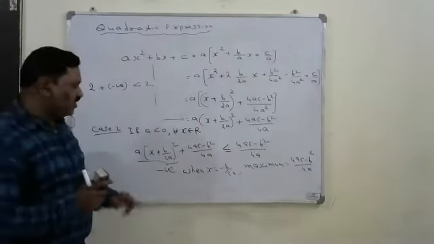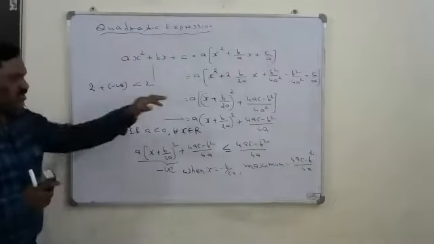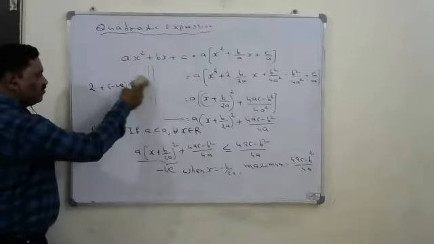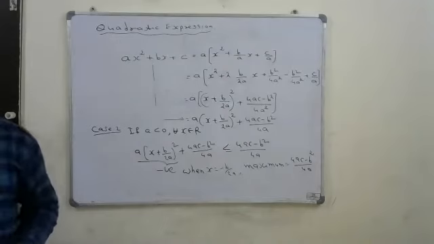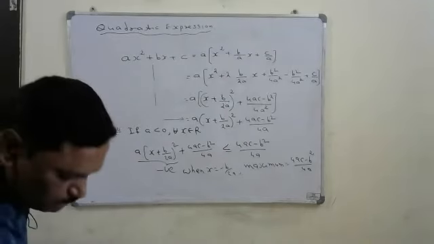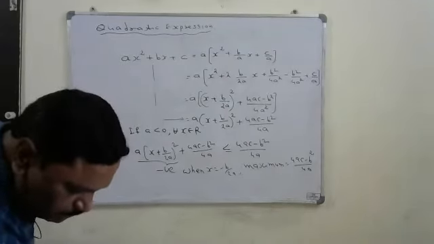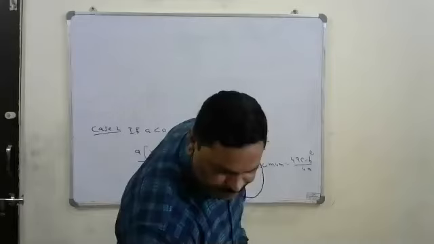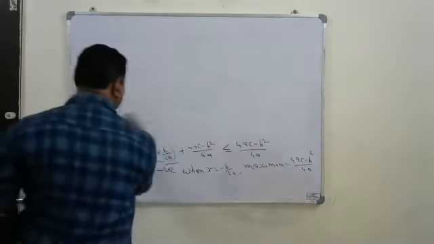Just write this down here. So if x equals minus b by 2a, then it will be a minimum value. Okay, so take some examples here.